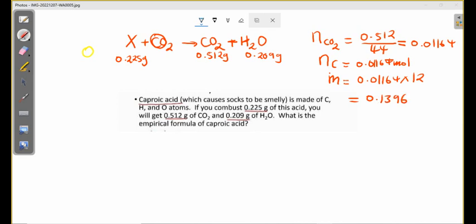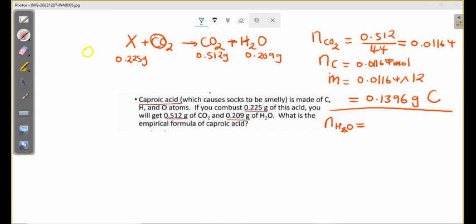And then we can go to water. The number of moles of water is going to be the mass of water given, which is 0.209, over the molar mass for water, which is 18.